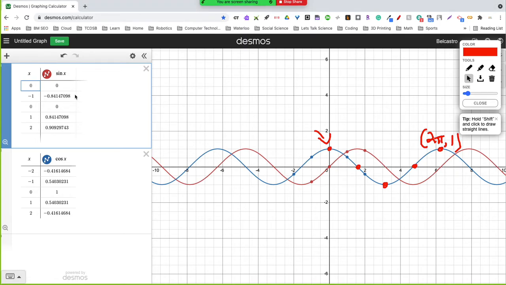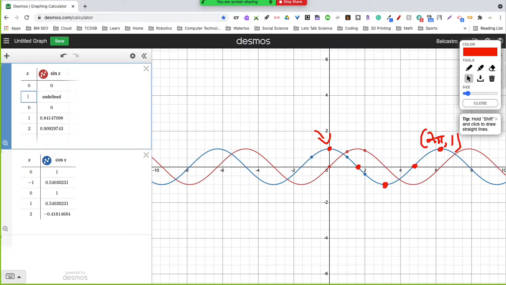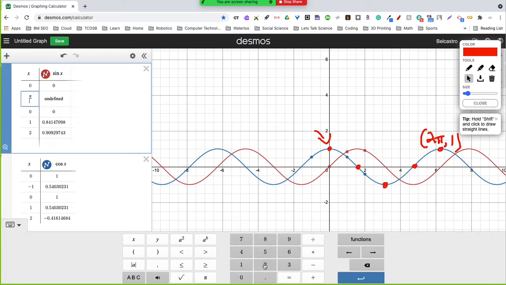What we'll do is we'll put in the x values, and they'll give us these 5 coordinates down here. So instead of just using what we had before, what do we have as our radians here? We have pi over 2 as an option. Divided by 2.